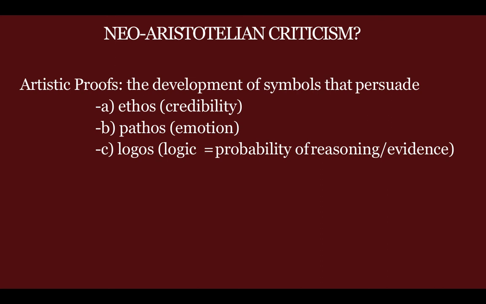Ethos, credibility, pathos, emotion, logos, logic, probability of reason, and evidence. Persuasive techniques that speakers or orators use to persuade or impact their audience. That's what Neo-Aristotelian criticism is used for. So basically, this is critiquing speeches.